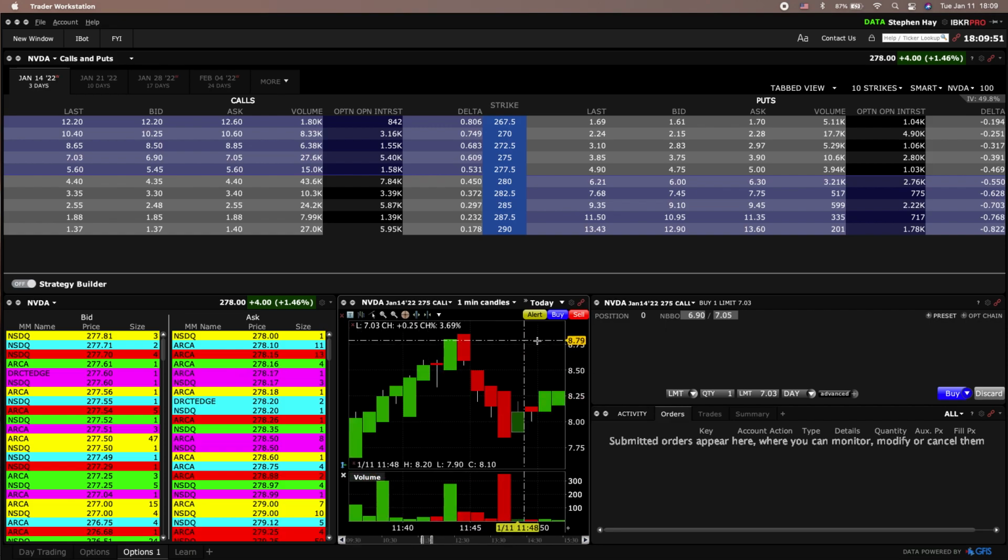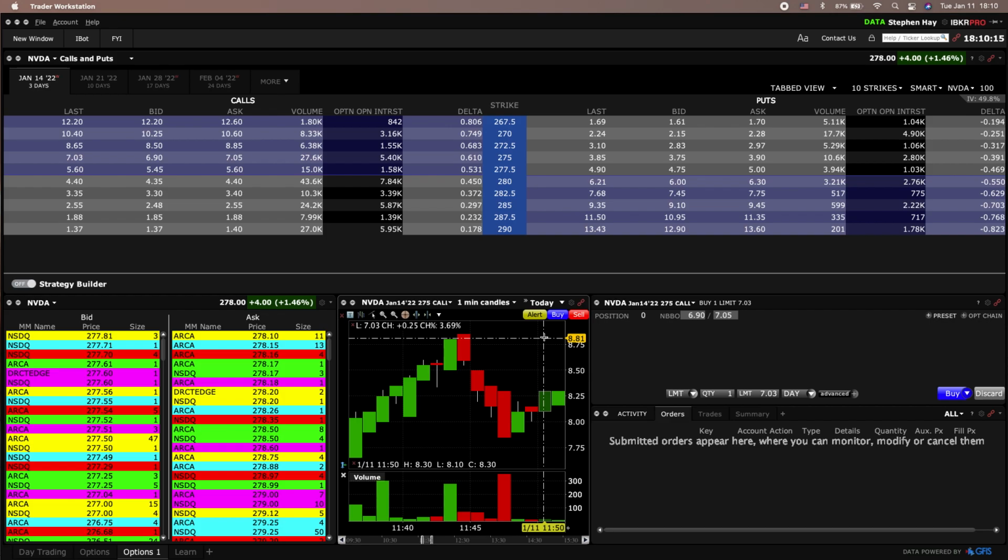Look, the option went all the way to $8.8. So it's worth $880, which means you would have made 100% on the option contract, right? You would have bought at 4.4. Now you would have sold at 8.8, right? So that's $440 to $880.